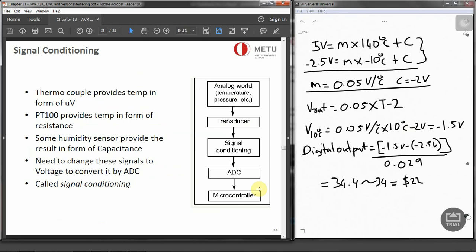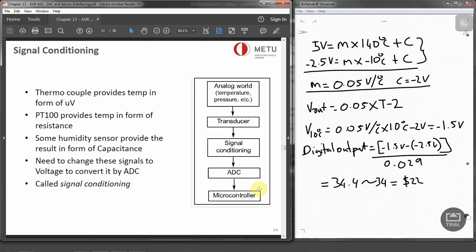Okay, signal conditioning. Now, I don't know if you know what signal conditioning is, but it's required in embedded systems as well. Generally, you can see signal conditioning in electric courses, but in embedded systems, as we are connecting different types of sensors to our system, the important thing is that those sensor outputs might not be voltage.